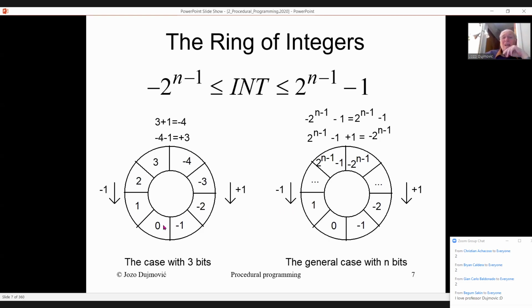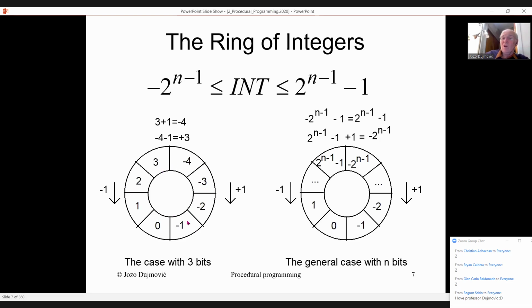So you can say that if you add 1, this is movement on this ring for one position in the clockwise direction. If we subtract 1, we go in the counterclockwise direction. If we are inside this range, inside this border between positive and negative numbers, everything is perfectly okay.